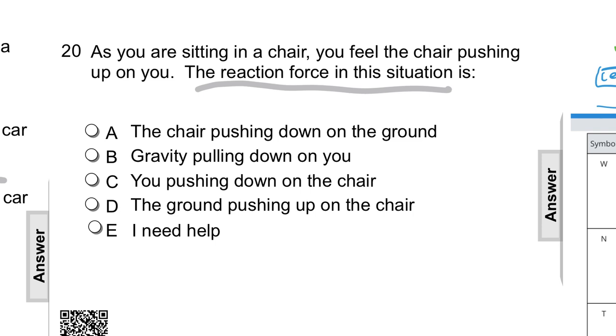So, you pushing down, the chair pushing down on the ground, no. Gravity pulling down on you, no, that's the action force. You pushing down the chair, no, the chair isn't the issue. Ground pushing up on the chair, no.